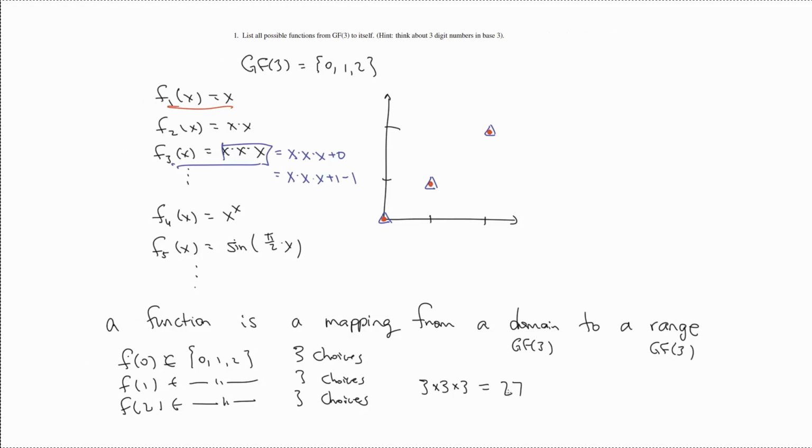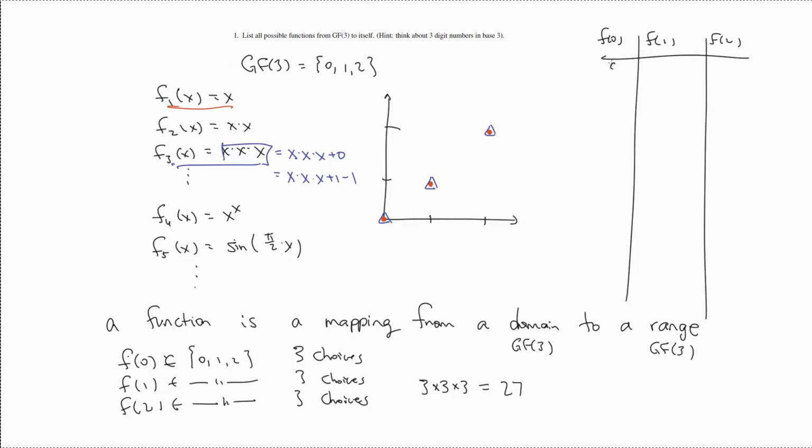So now let's try and list them all. Well, a function, as I said before, is defined by its input-output pairs. So all we need to do is list all of the possible input-output pairs. So let's make a table. f of 0, f of 1, f of 2.